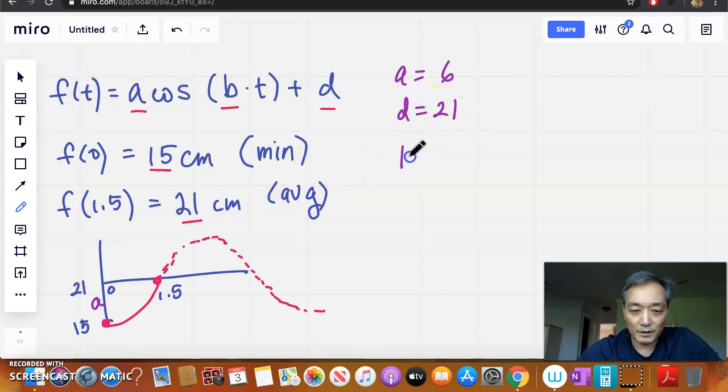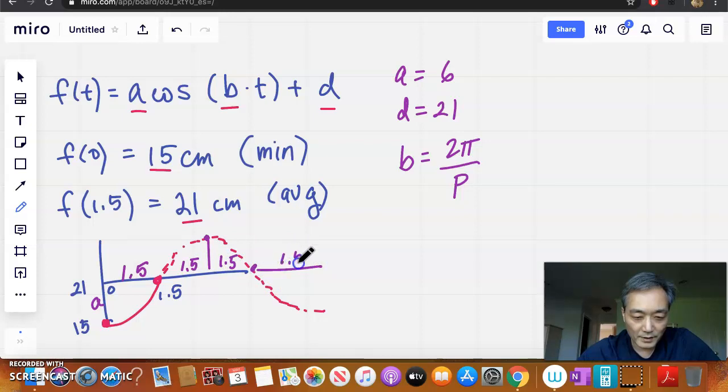Now we need to find the frequency, B. In order to find it, we take 2 pi divided by the period. The distance from the minimum to the midline is 1.5, but this distance is only a fourth of the period. Here's a fourth, there's a fourth right here, and then the final fourth is going to come right here.